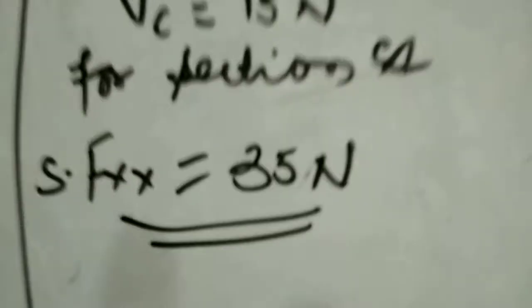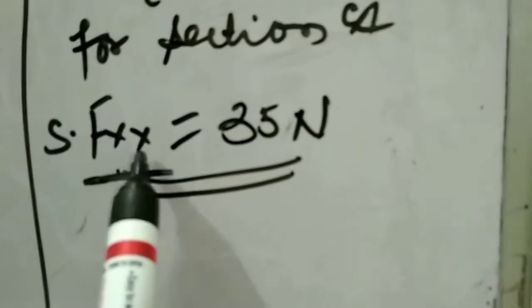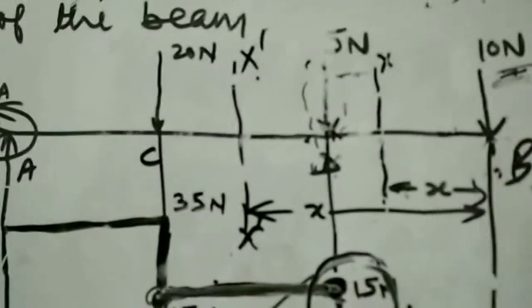Now the third is the section CA. For this purpose, we consider a section XX at a distance of x from B. Similarly, you can find the shear force equation, and the value of shear force at section XX is 35 Newton, right? That is 10 Newton plus 5 Newton plus 20 Newton, because all the forces are acting downward.